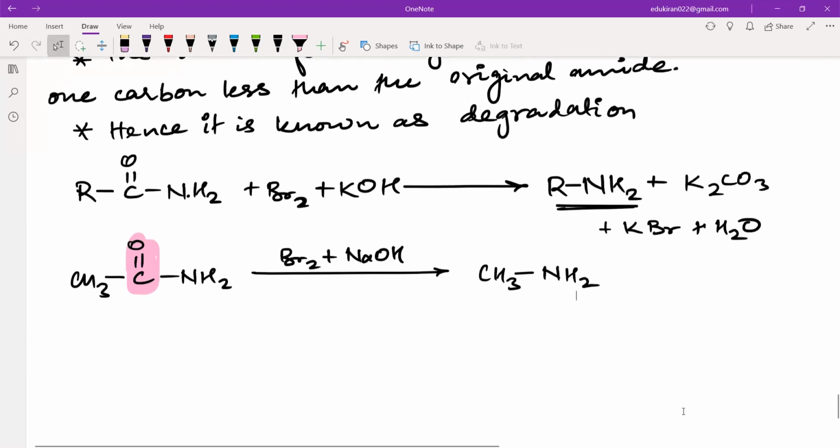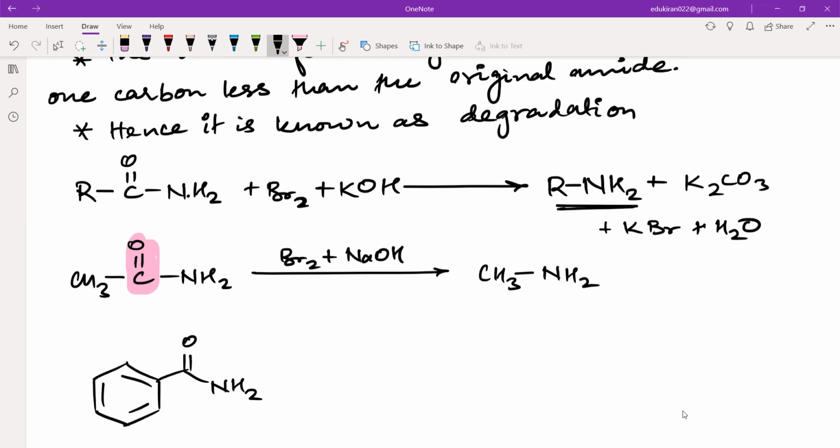Please tell me. Now, this is going to be a very good method for the preparation of anilines. Why? Because we have benzene bonded to C double bond O, NH2. So we have a benzamide, and if I treat this with the Hofmann bromamide degradation reagent, then what is going to happen?